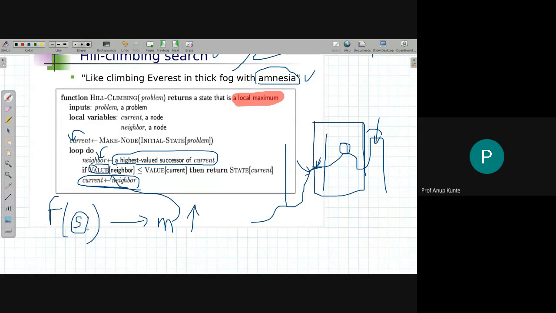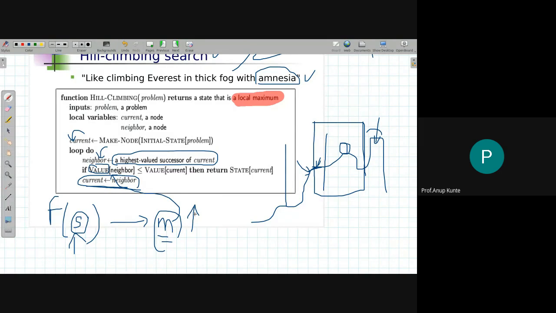So f of s we are applying. We are evaluating the value of state s, or what is the happiness that I have being in state s. This is what we are trying to understand, and that will be a number, and that number is represented by this value variable. Okay, say that number is m, and what we are trying to achieve is to find a state for which this m is the highest value.